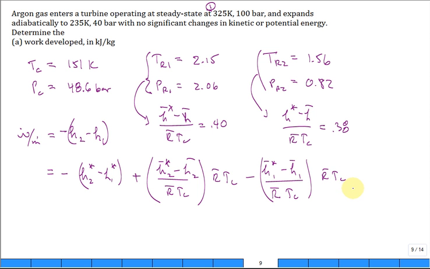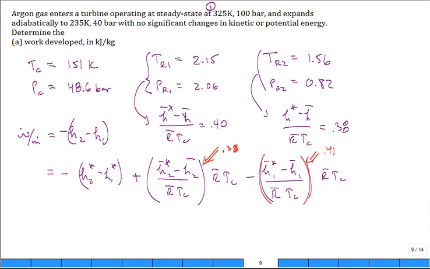Okay, I think I did that all correct, where this value of 0.38 goes in there, and this value for this ratio is 0.40 at state 1.